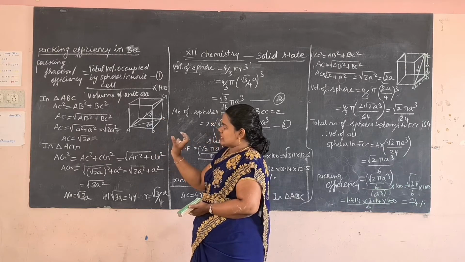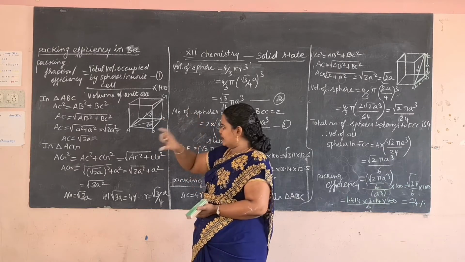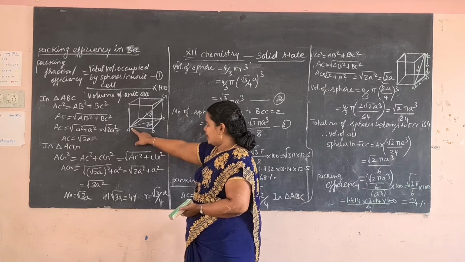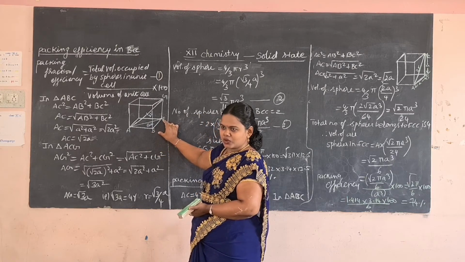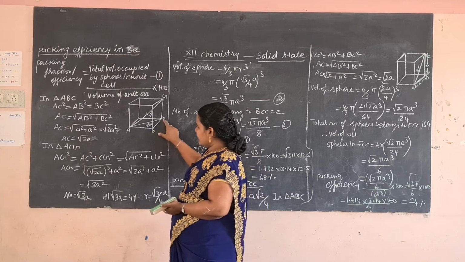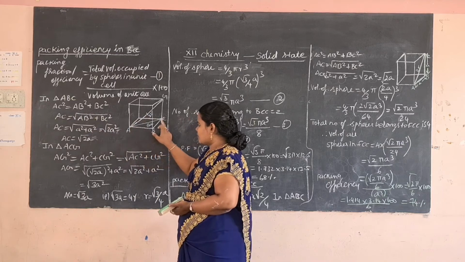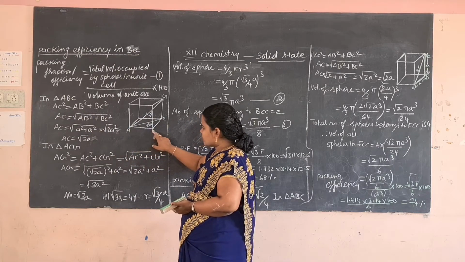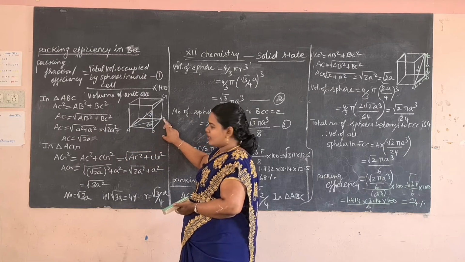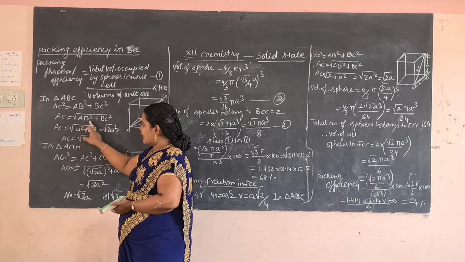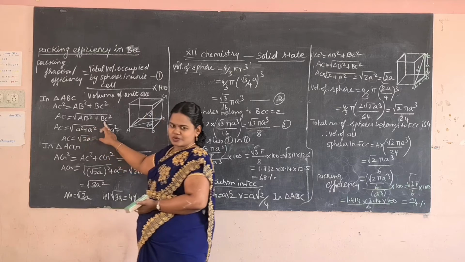In that unit cell you take one part, that is this triangle ABC. Take this triangle alone. In triangle ABC, AC squared is equal to AB squared plus BC squared. So AC is equal to root of AB squared plus BC squared.